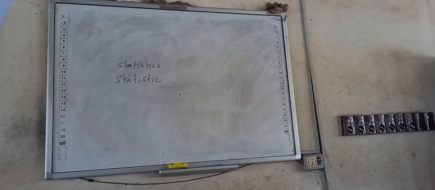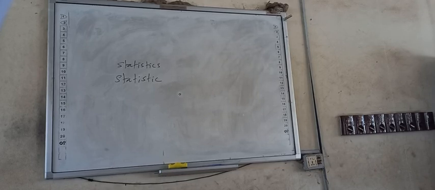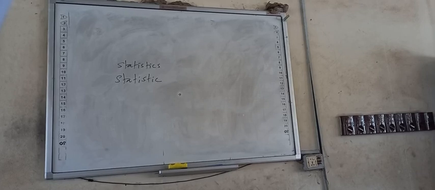As the name says, infer. That means you want to take a decision based on inference. And that is where we start dealing with hypothesis. Everything that has to do with hypothesis testing comes under inferential statistics.